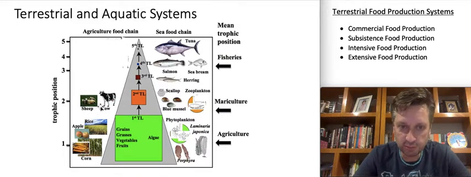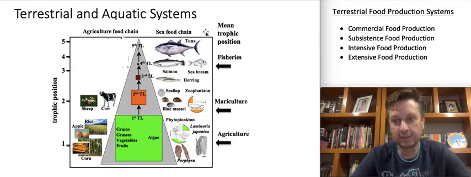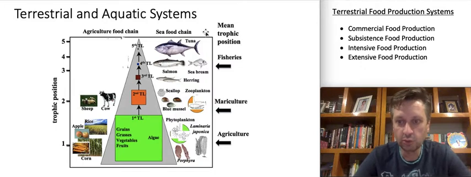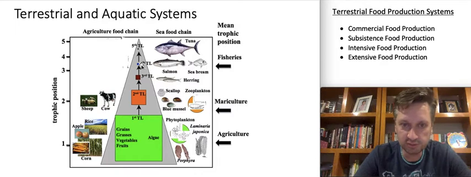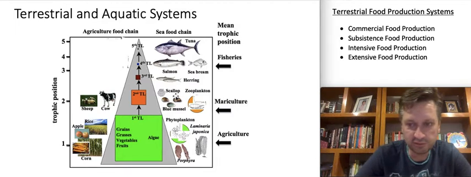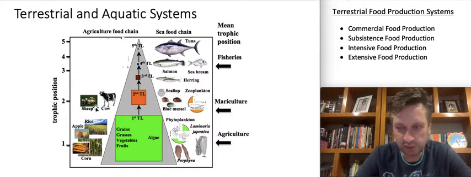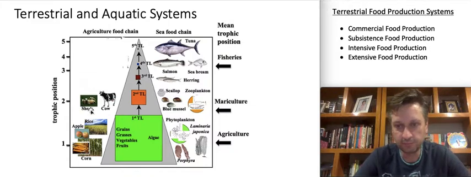In terms of comparing terrestrial agriculture to aquatic agriculture, we generally take fish from higher trophic levels than we do from terrestrial meat products. So, for example, salmon is from the 4th trophic level, tuna is from the 5th trophic level, cows and sheep are at the 2nd trophic level.